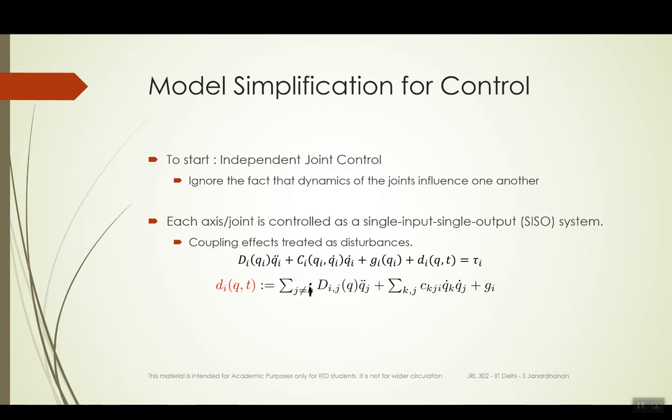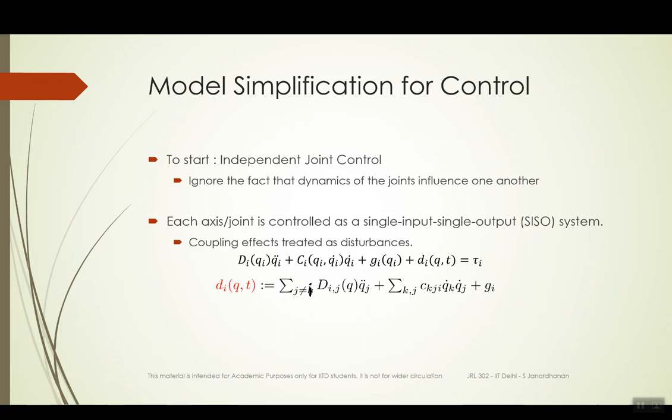What we want first of all is to simplify the model. For that purpose we will use the concept of independent joint control, that is, each joint is considered separately. For that we first have to ignore the fact that the dynamics of joints influence one another.